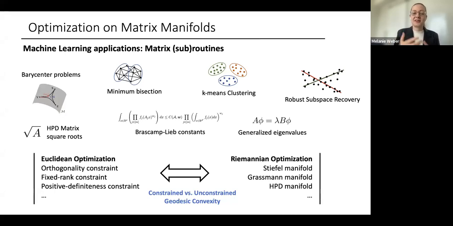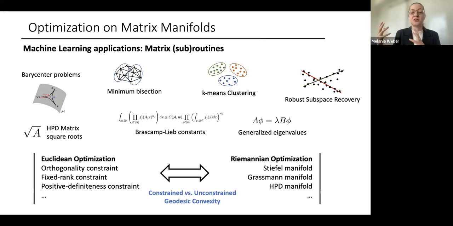It has then been realized that we could also rephrase those problems on a suitable manifold. The class of orthogonal matrices corresponds to a manifold, right? The manifold of orthogonal matrices. So we could rephrase our problem over that manifold of orthogonal matrices.